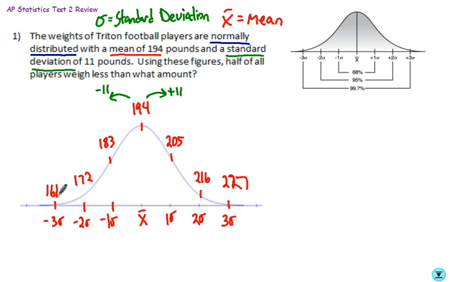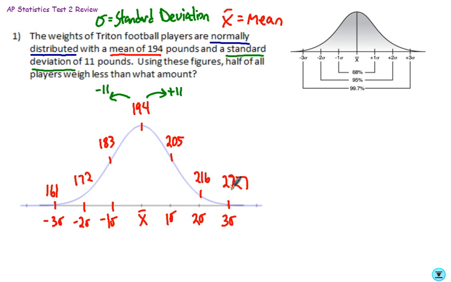All right, so what this shows us is what is referred to as the empirical rule, or the 68, 95, 99.7. Between -3 standard deviations and +3 standard deviations represents 99.7% of the distribution. So I could say that 99.7% of Triton football players weigh between 161 and 227.